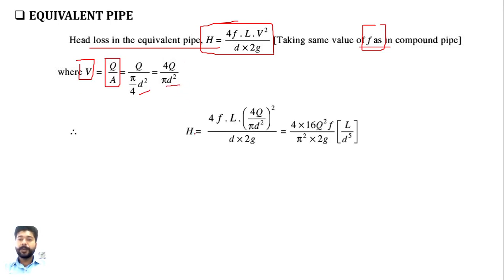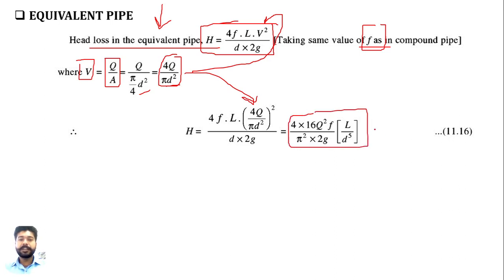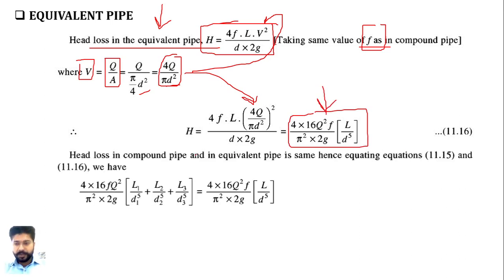Let's again put the value of velocity for this equivalent pipe in place of this V square in 4 F L V square divided by 2 g D. So we can write this equation in this form, and that is the head loss for an equivalent pipe.